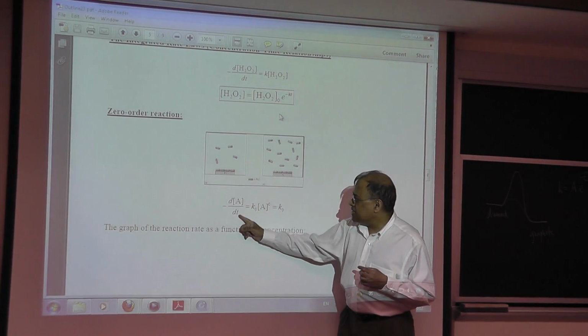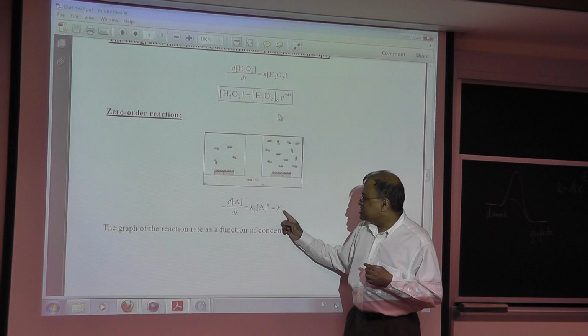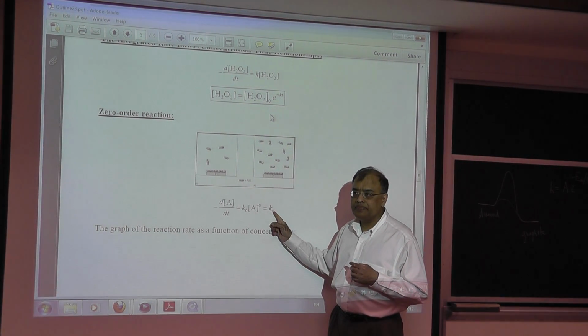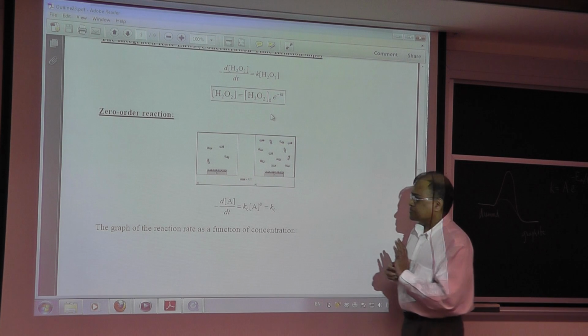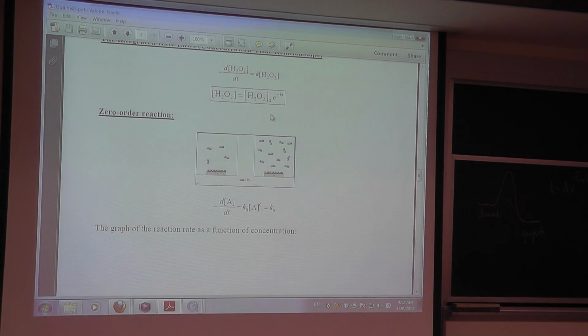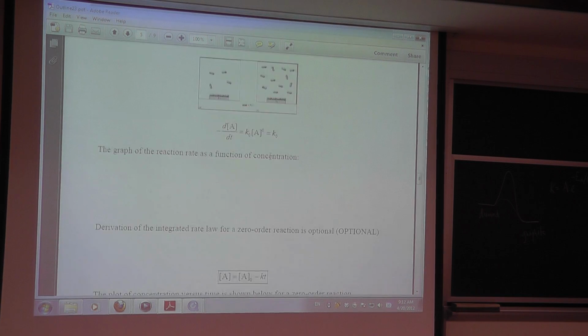So minus d[A]/dt is equal to k sub 0. The 0 here refers to the fact that we're talking about a zeroth order reaction. What would the reaction rate as a function of concentration look like? If we plotted it, what would the graph look like?